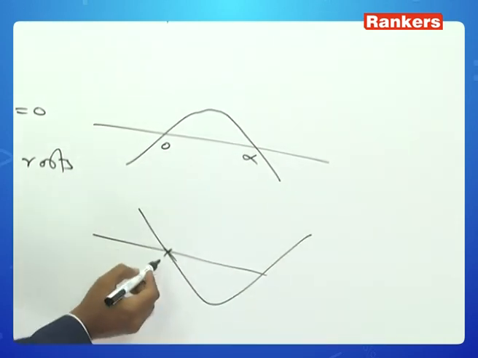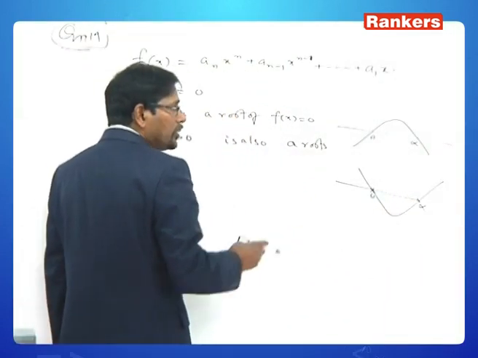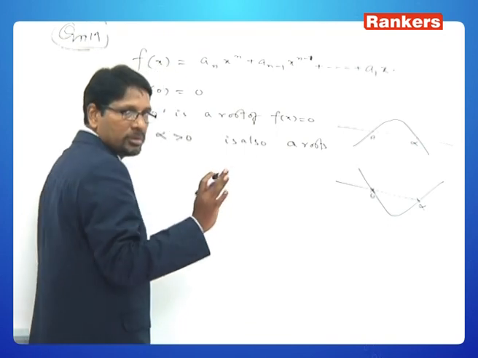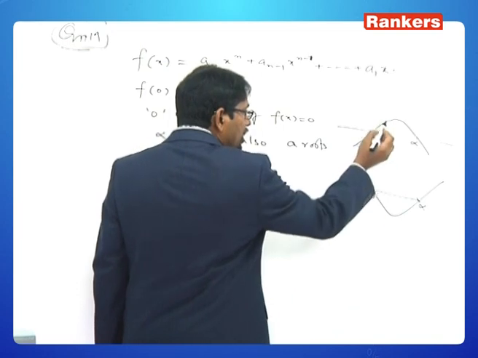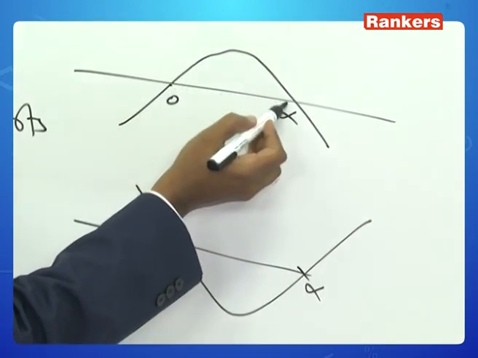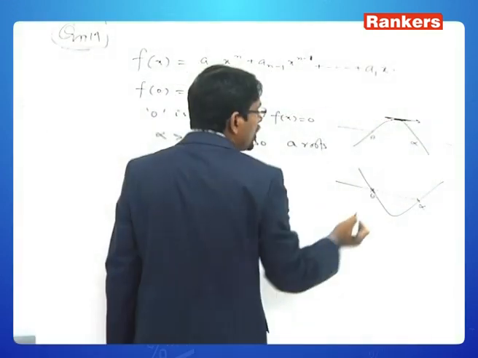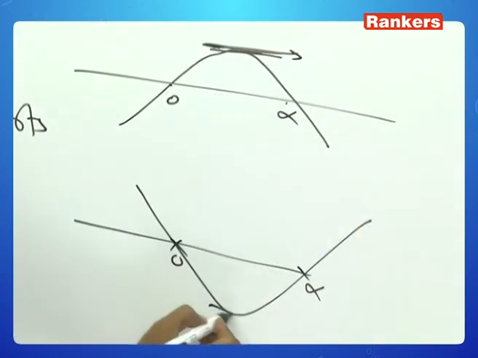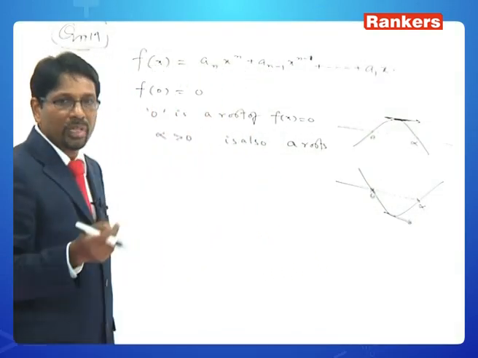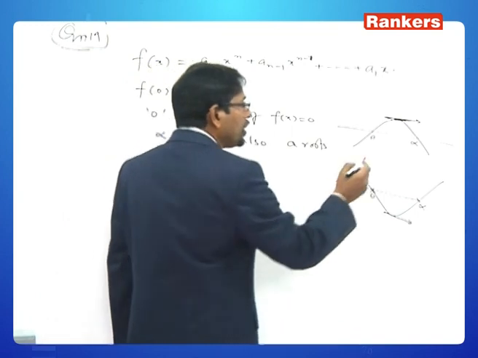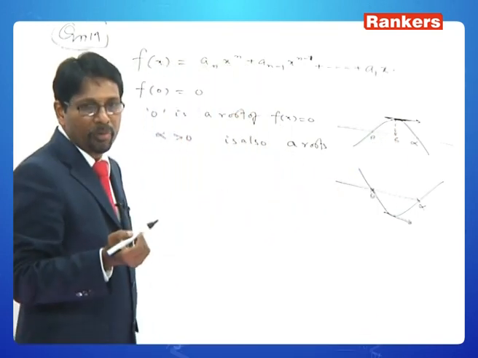In either way, you observe that the graph of this polynomial function, which is continuous and smooth, differentiable everywhere, will take a turn in between 0 and alpha. Where it takes a turn, the tangent will become parallel to the x-axis. That means the slope of the tangent will be 0, which means the derivative of the function will have to vanish at some point c between 0 and alpha.